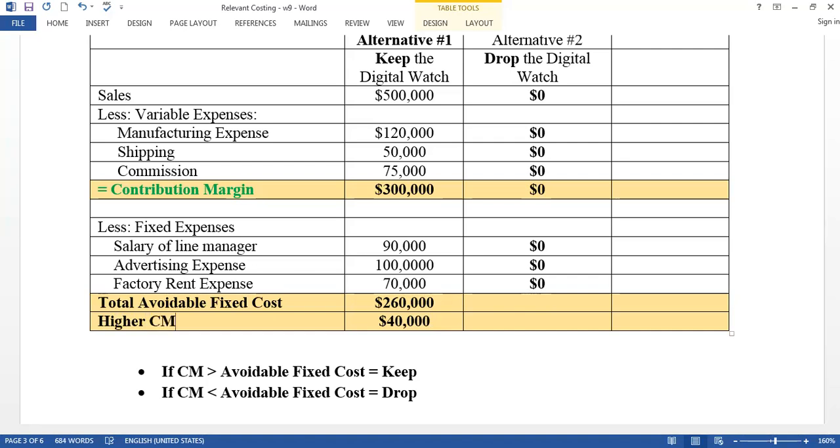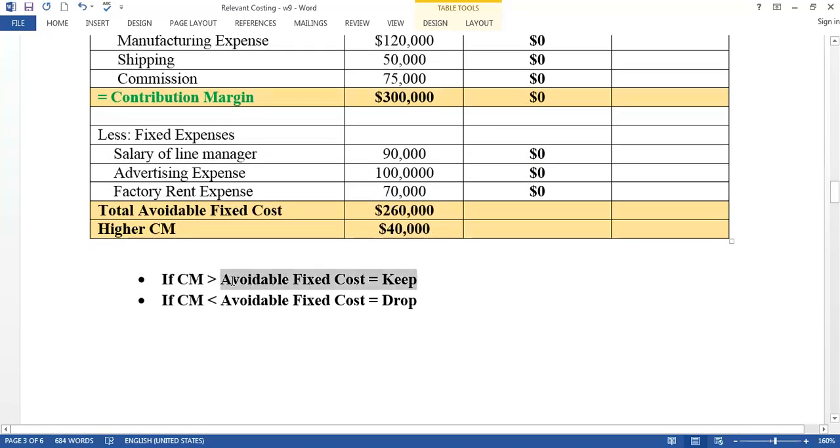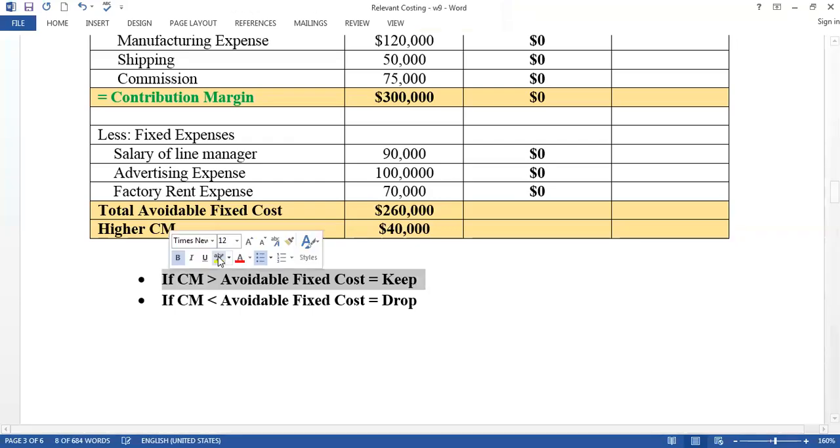Higher CM means you can earn this profit, right? If CM is higher than the fixed cost, this is your profit. If you keep it, you will have $40,000 profit. Because contribution margin is higher and avoidable fixed cost is lower, our decision is we are going to keep the product line.